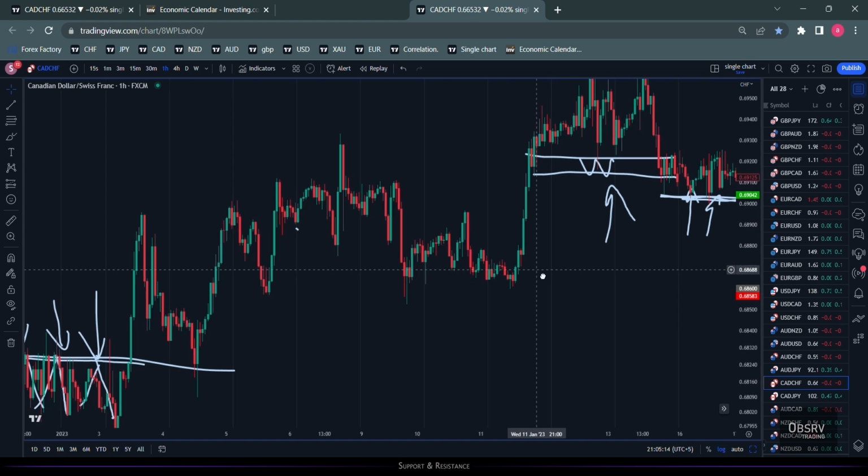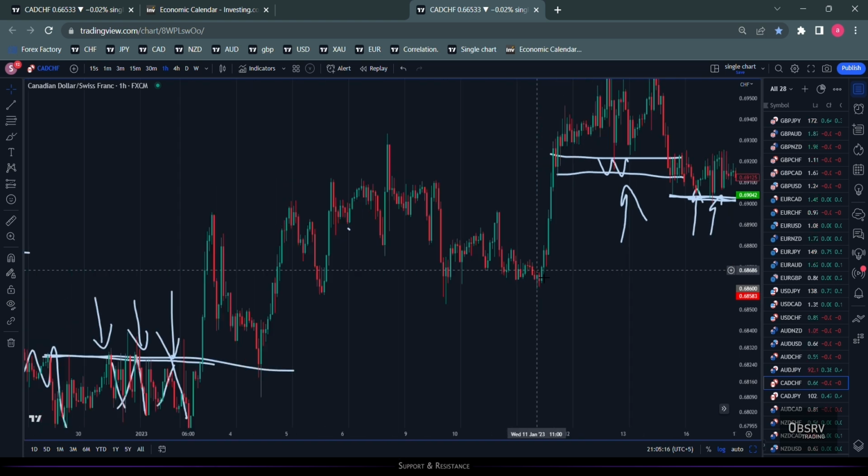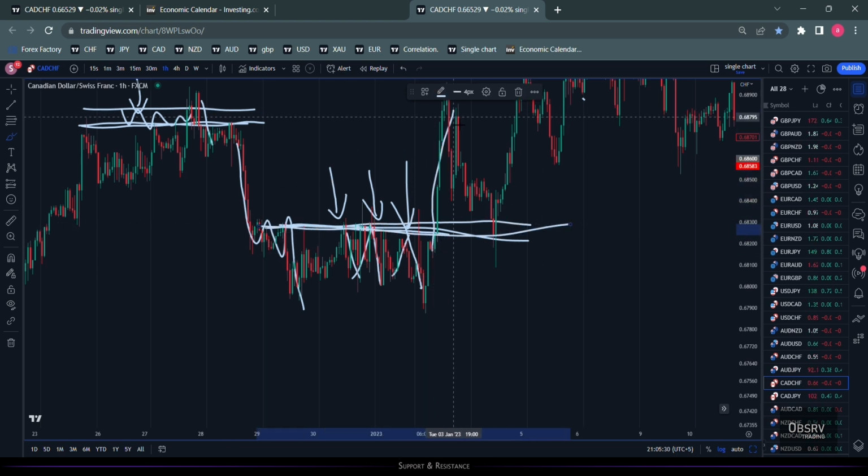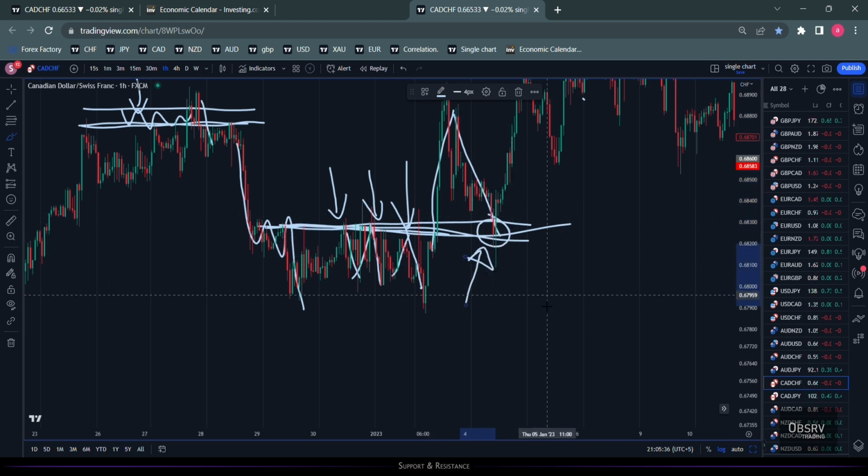The same goes for the buy side: a resistance that breaks. Let's talk about the same example. We have had a resistance here that had been touched multiple times. Price breaks through the resistance. As we come back down to that area, we start to see that this area starts acting as a support.